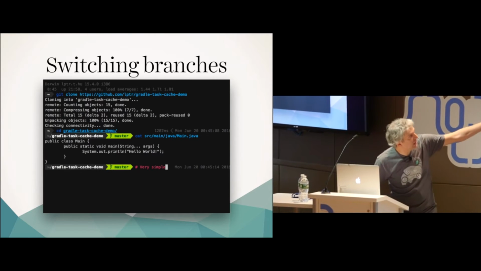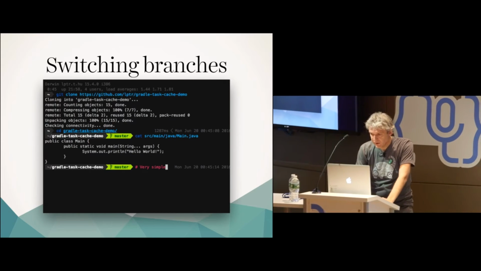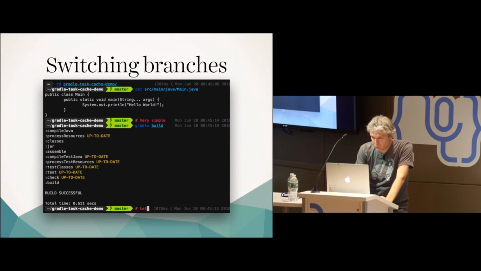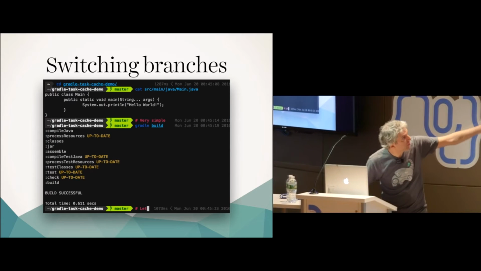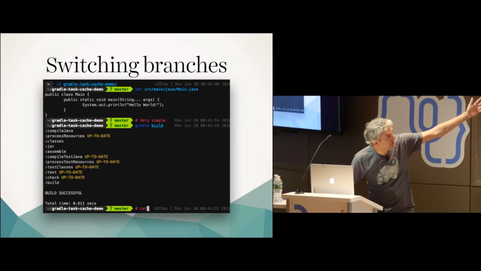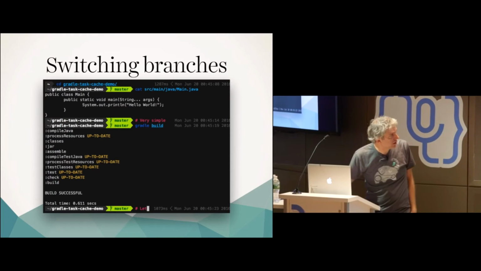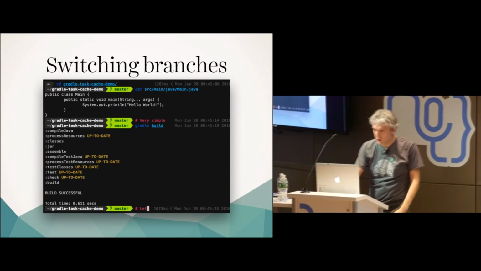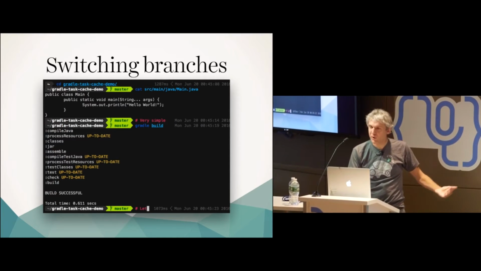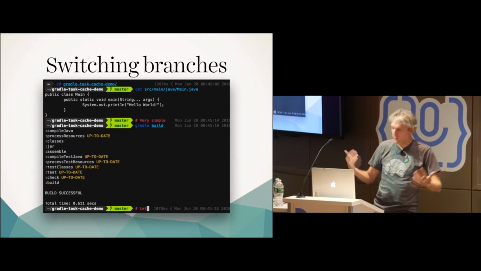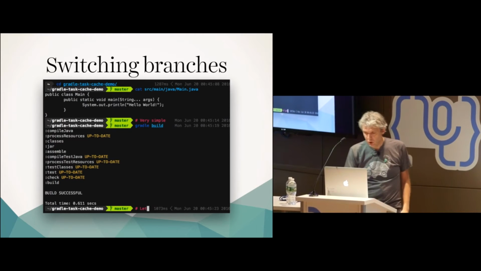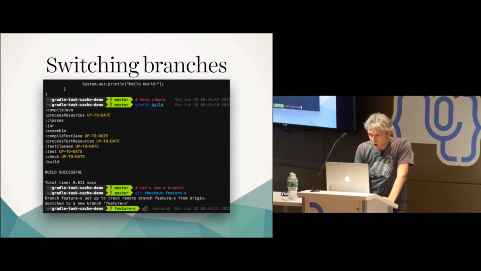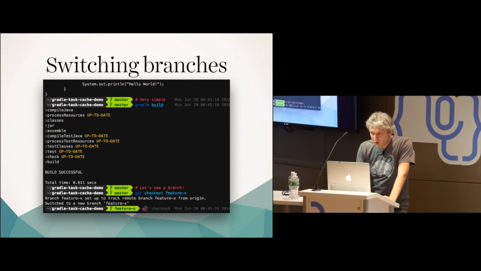It has only one class, a main class, right? And what we do now, we build it. Okay? You can see the classes have been compiled, the jar has been built. So the build had to take actions because it was a fresh checkout, right? There was nothing cached before, so we had to build it.